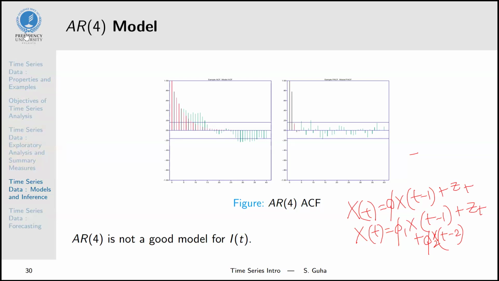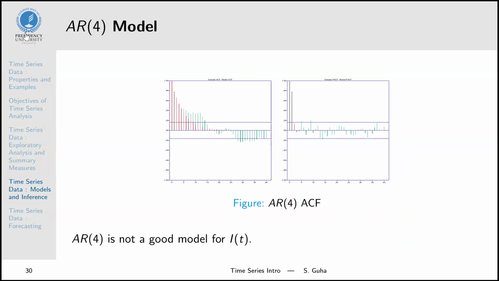Summarizing these findings, I can say one thing at this point: if I am working with an MAQ model, the problem of MAQ is that the model autocorrelation function will go up to lag Q and then it will become 0.